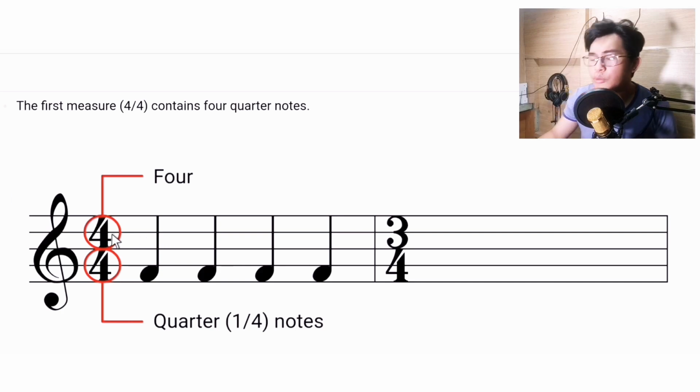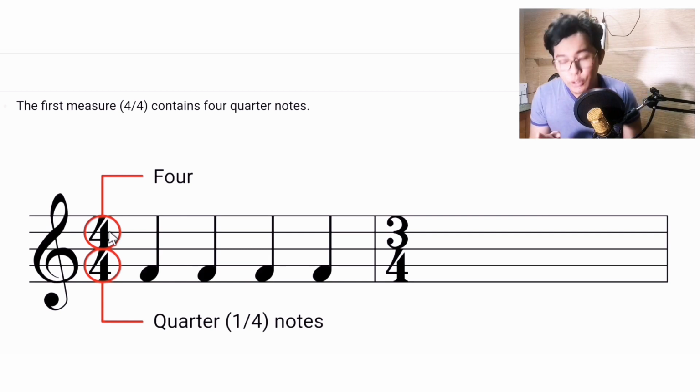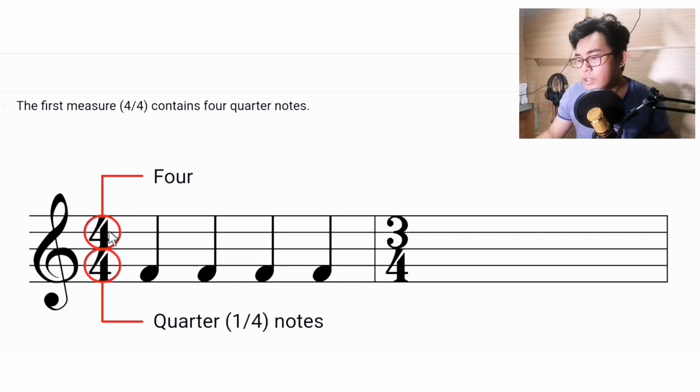Let's say this is what you call fraction sa math, 'di ba? Yung dalawang numbers na magkapatong and then merong maliit na line sa gitna. So sa music ang tawag doon time signature. So yung numerator niya in fraction terms, ito yung nagbibigay ng beat. Ito yung nagsasabi kung ilan yung beat dun sa measure.